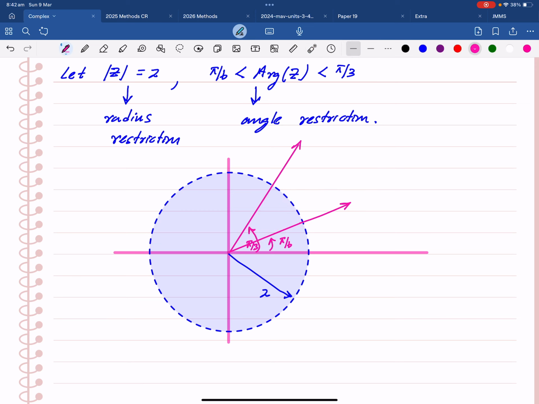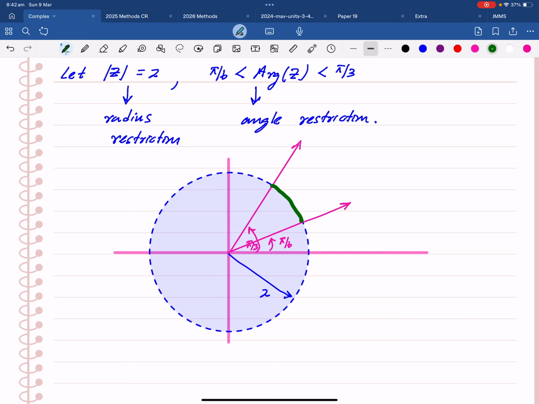So now you can see, if you want to impose both of these conditions, you must take this. You must take this.